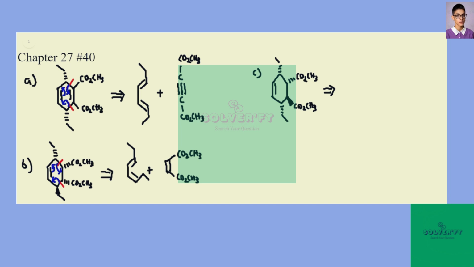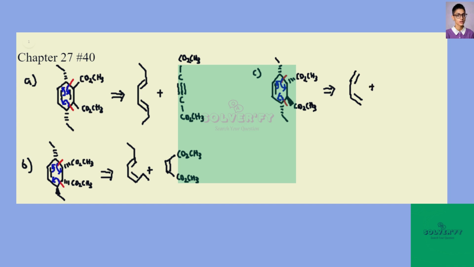So then for C, we're going to follow the exact same pattern that we followed for A and B. So there are the bonds that we want to break. Here is the movement of the electrons that we need to facilitate that. Again, we're going to end up with a diene and an alkene. So we can go ahead and draw at least the pieces that we know to get started.